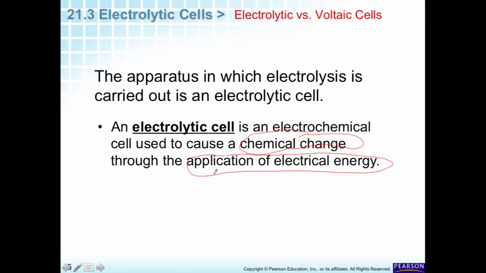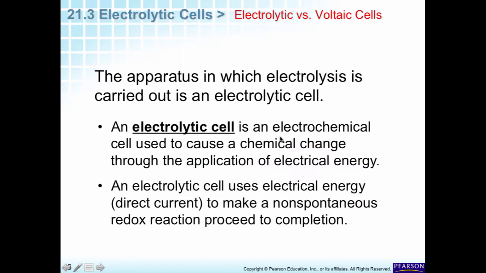In an electrolytic cell, we're actually using electrical energy to drive the chemical change. So we use electrical energy to make a non-spontaneous redox reaction go to completion. We're using energy to change something that normally doesn't occur. This is kind of like when you recharge batteries.